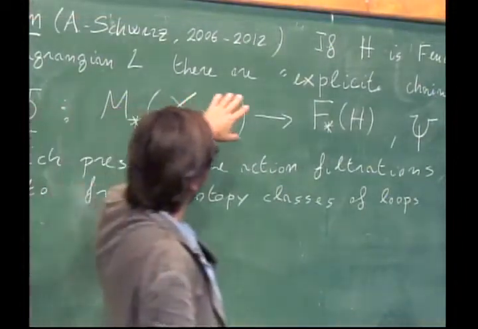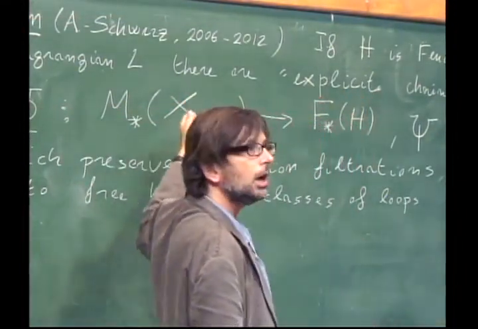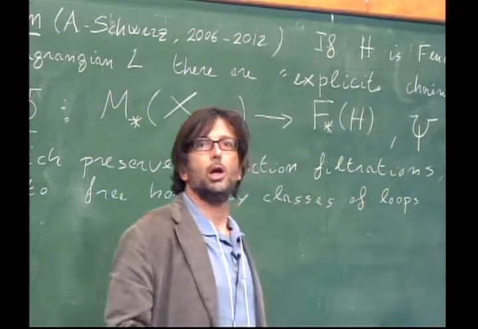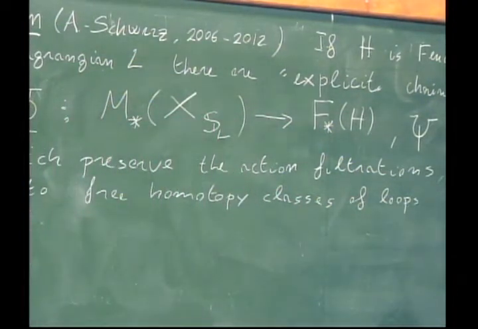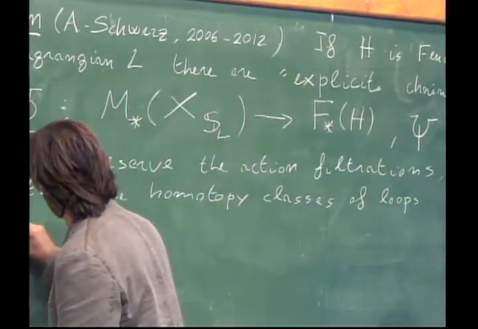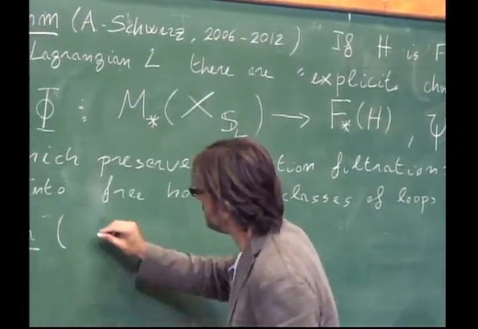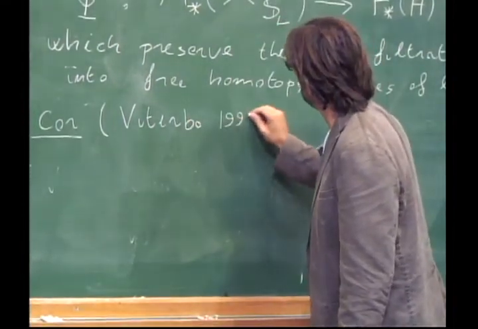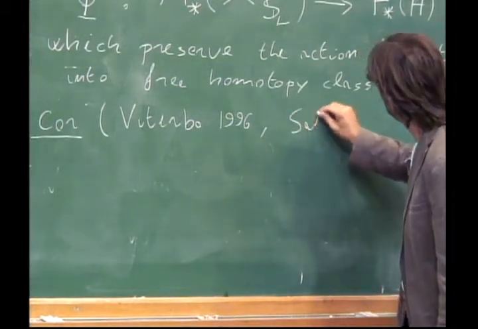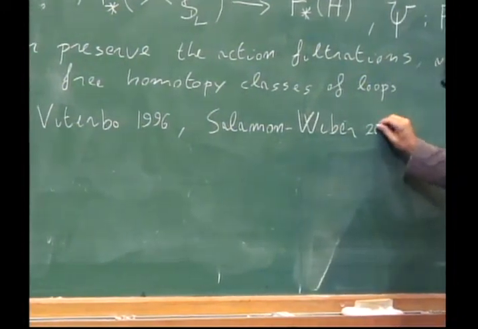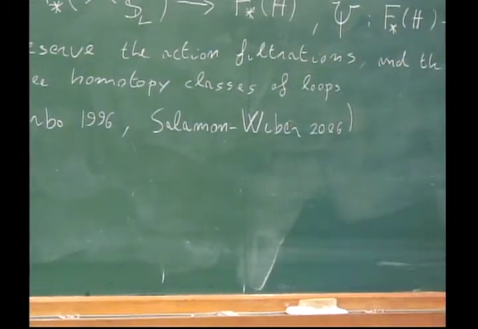But by explicit, I mean that we can describe both these isomorphisms, saying that these are again defined by a counting procedure. There is some moduli space of maps, and you count them and you obtain these two maps. This is what I mean by explicit. And so a corollary of this fact, and this is a theorem which was previously also proved by Viterbo, I think in 1996, and by Salamon and Weber, also 2006, published, but they did it before us.